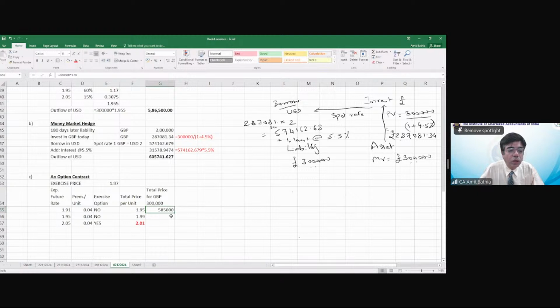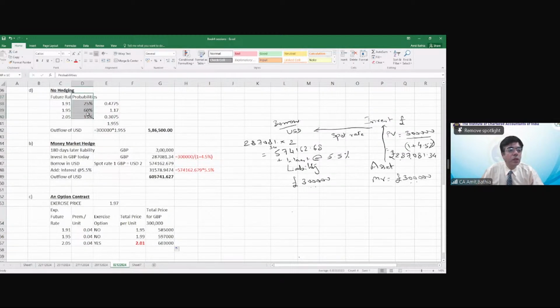The same thing I'm going to do over here, if the three different options are there. So these are my total prices if the GBP amount is 300,000. Now I know the probability. What is the probability? 25, 60 and 15% respectively.